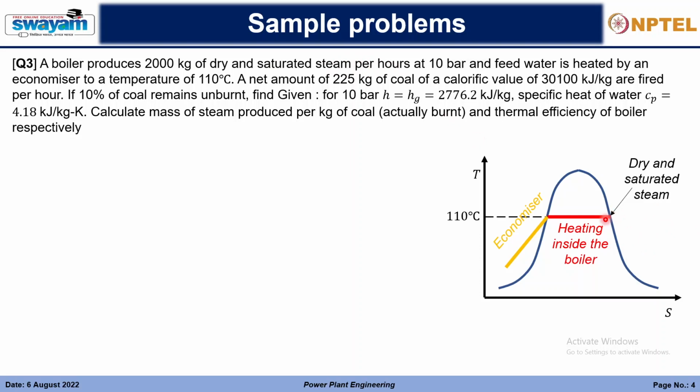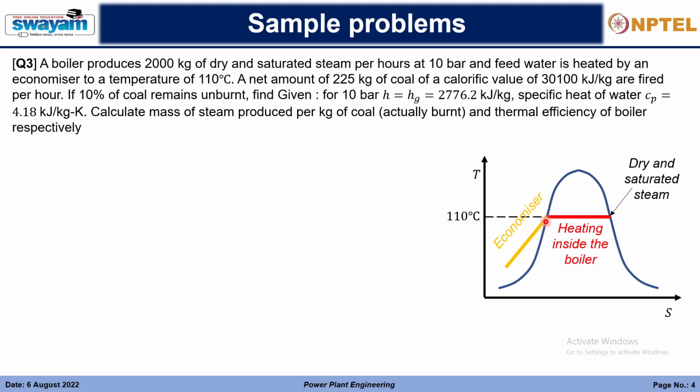Since it is dry and saturated steam, we will not extend this curve into the vapor region, because it is not superheated. This is the end state of the steam inside the boiler. Then it says that an economizer is elevating the temperature to 110 degrees Celsius.